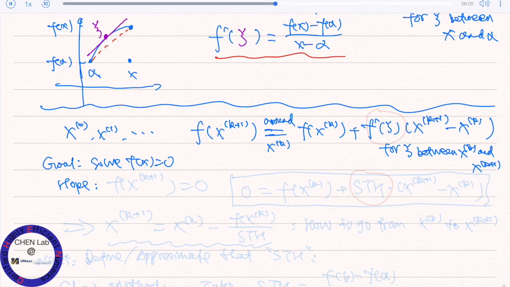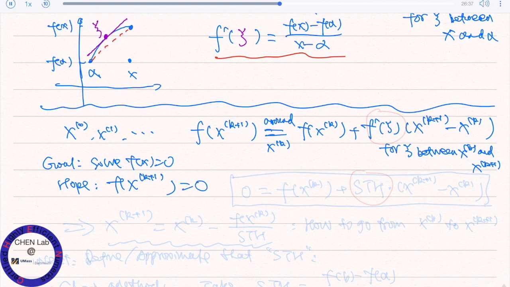So what's the best case scenario? What's your hope? The best case scenario is you plug in the next iterate, which you are currently working hard to locate, and I'm hoping that to be 0, right?